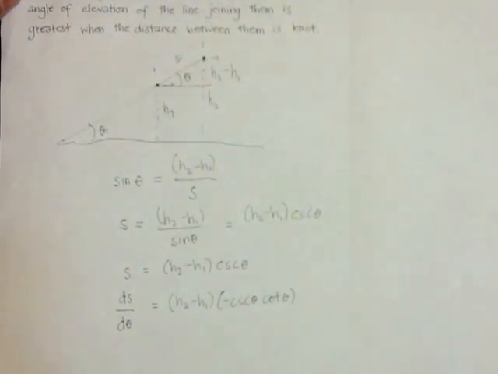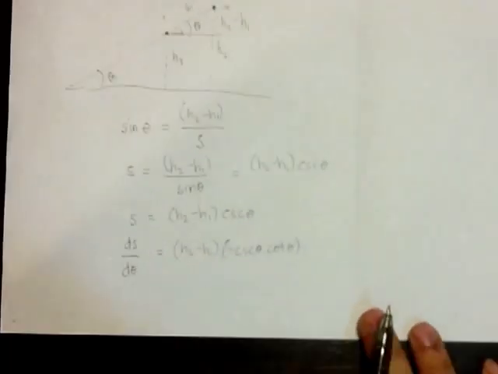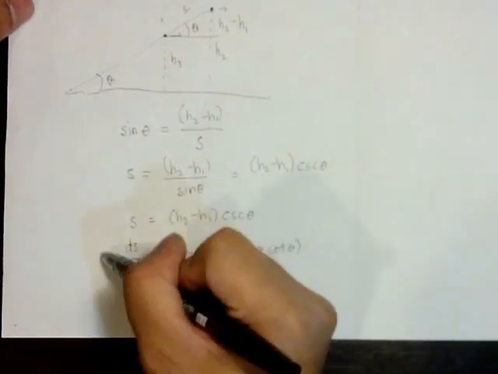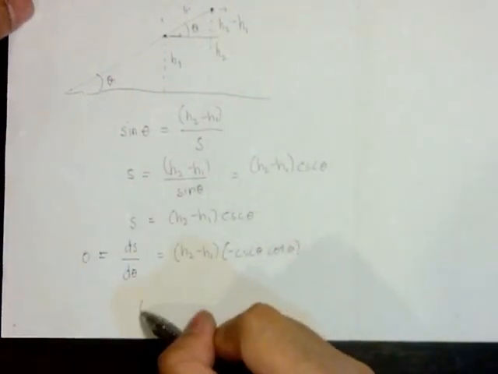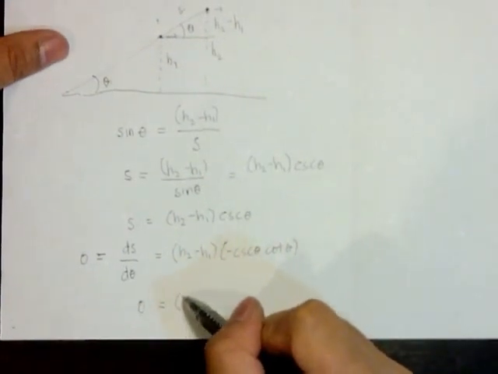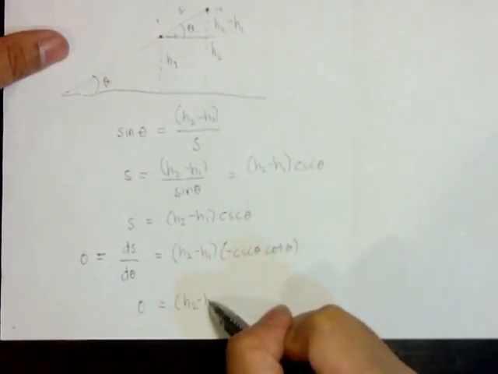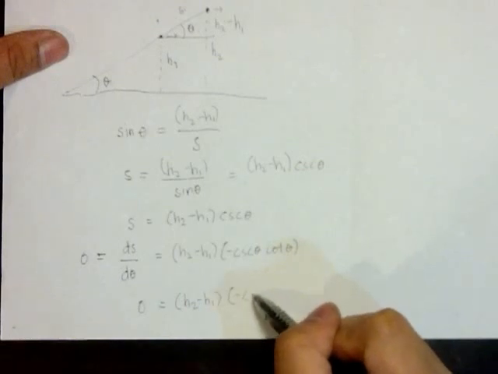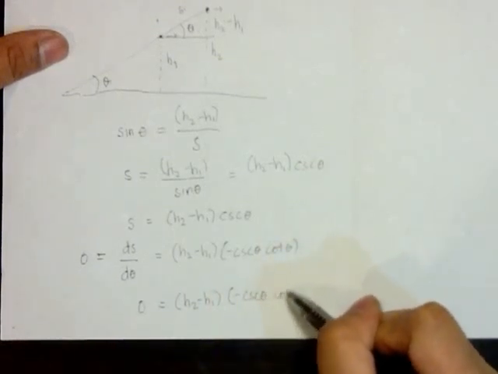Since this is a maximization minimization problem, we have to minimize s, therefore we have to equate ds over d theta to 0. So we are left with 0 equal to h2 minus h1 times negative cosecant theta cotangent theta.